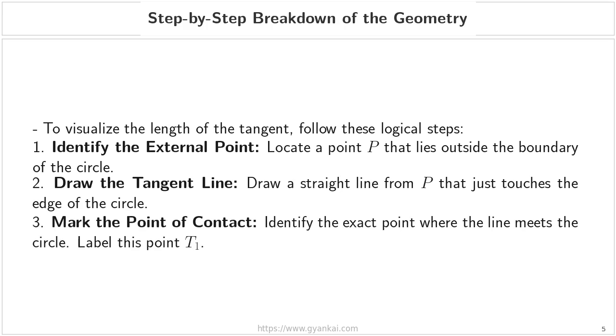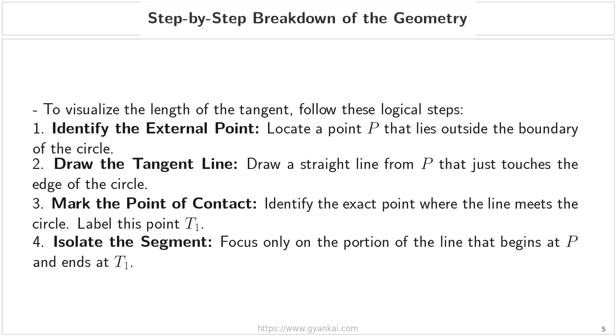Third, mark the point of contact. As we discussed in the previous slides, there is one specific, unique spot where the line meets the circle. You need to identify this exact point and label it as T sub 1. Fourth, isolate the segment. This is a crucial step. Instead of looking at the entire infinite line, I want you to focus only on the finite portion of the line that begins at our external point P and ends exactly at the point of contact, T sub 1.